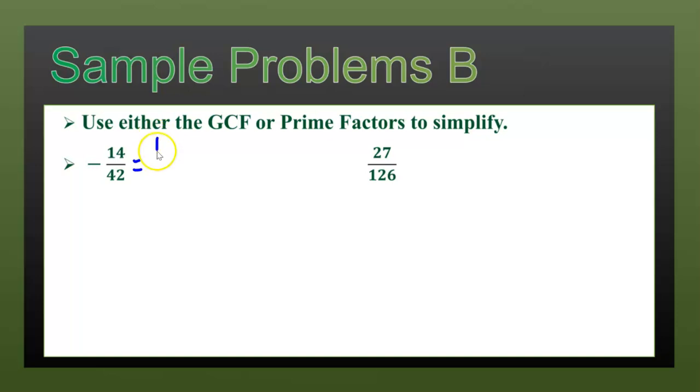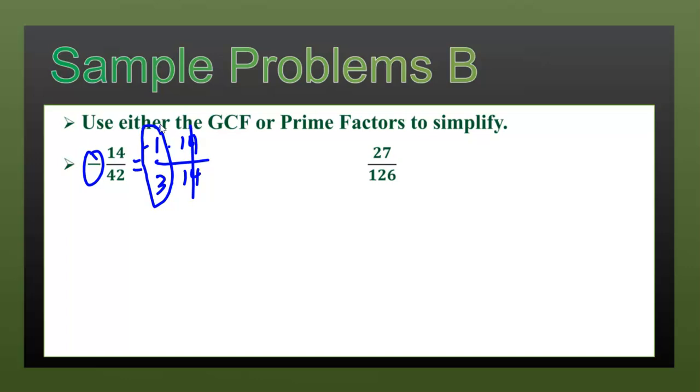It would actually be 1 times 14 on top, and the bottom would be 14 times 3, because 14 times 3 would give you 42. The 14s divide out, and you're left with, don't forget this negative here, a negative 1/3.